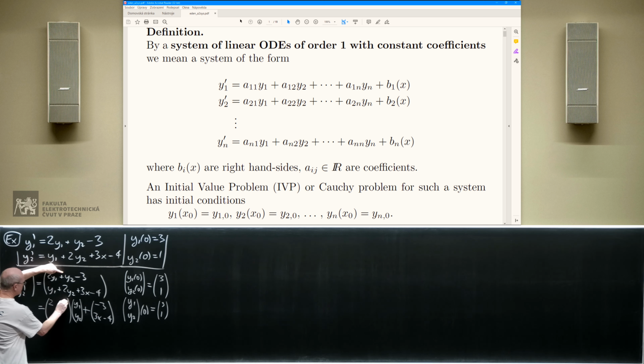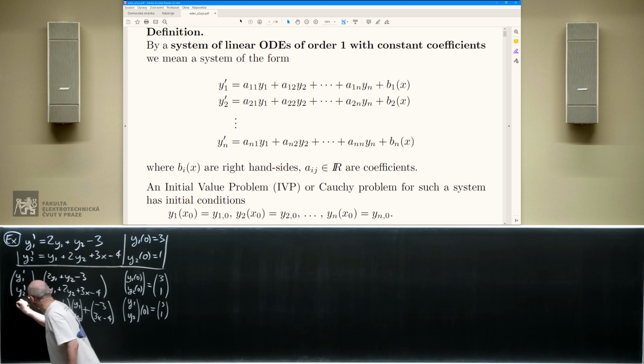So much for the right-hand side, and we can see that the vector function y1, y2, the unknown function, appeared again. That's nice. How about this left-hand side? Well, I'm going to do a little trick. I will simply take the derivative mark and pull it outside.